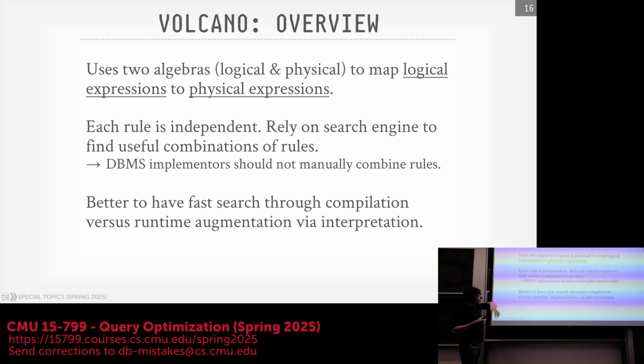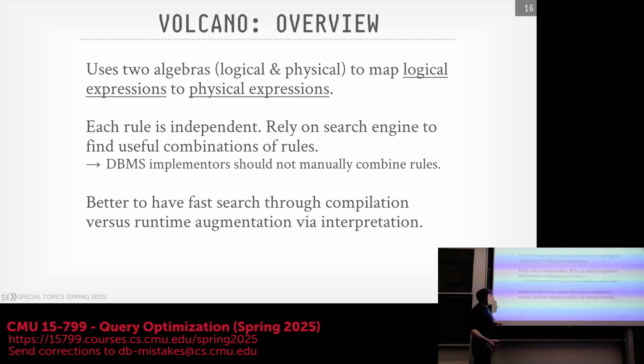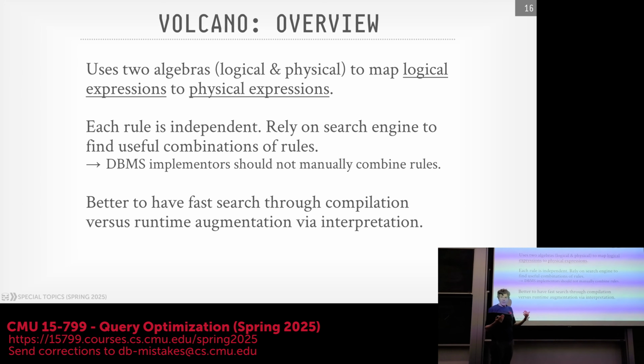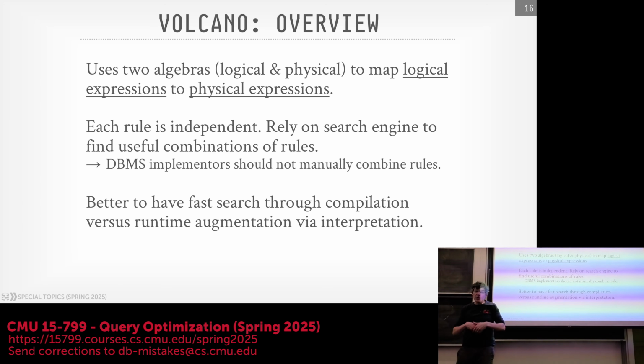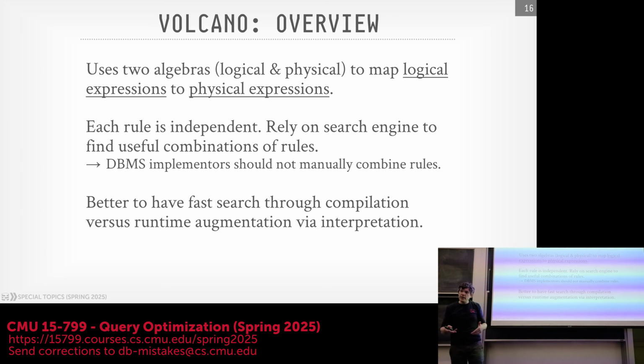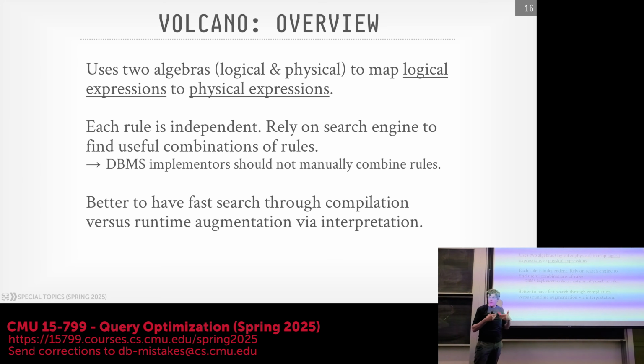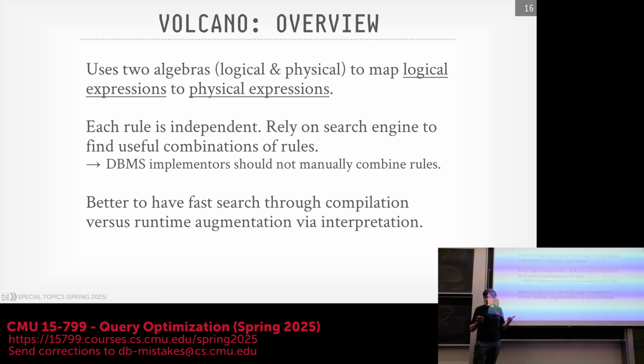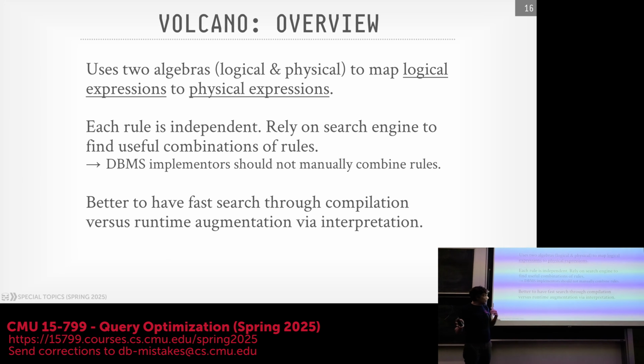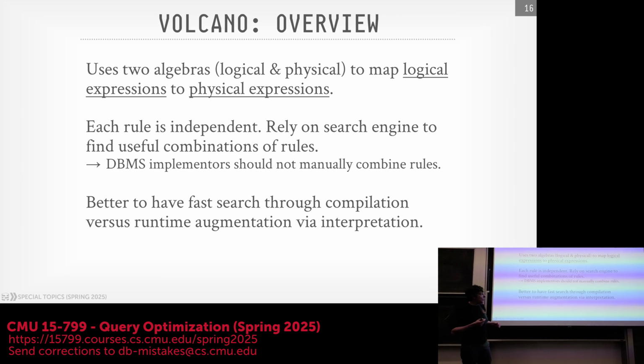All the rules are going to be independent. And then unlike in Exodus, where they said if you know these rules should be applied one after another, combine them together in your implementation, in Volcano they're going to advise you not to do that and let the search engine figure out on its own that these rules should be applied one after another, rather than you having to manually enforce that.